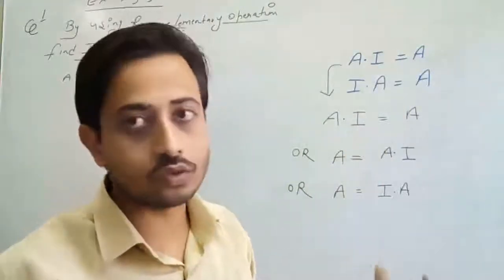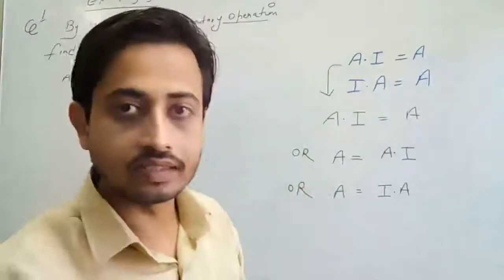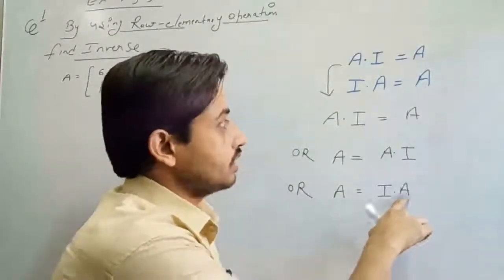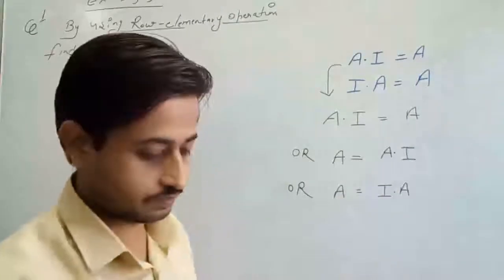So it's our choice how we write. So in this, we have A is equal to I into A. This one is our result.